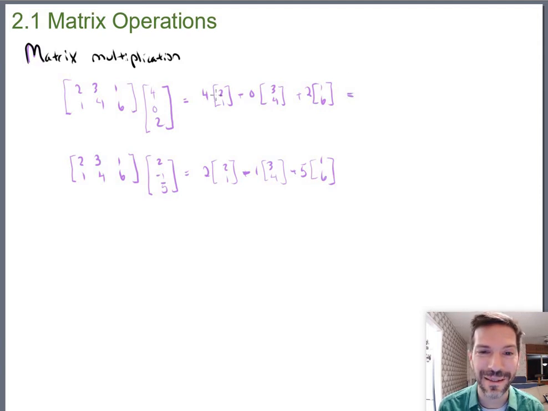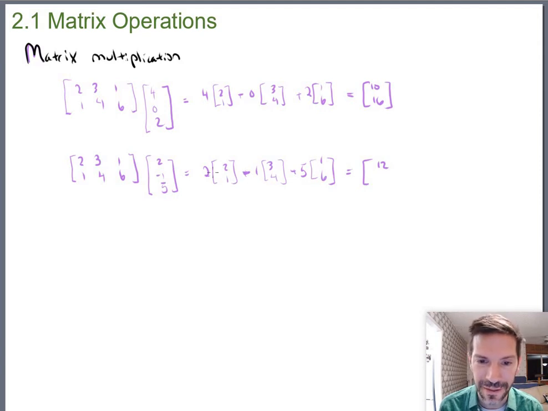This is going to be the tops. I'll just do the top entries first. This will be 8 plus 0 plus 2 is 10. And the bottoms will be 4 and 12, so 16. And on this one, the tops will be 4, 7, and 5 is 12. And 2, oh, minus.